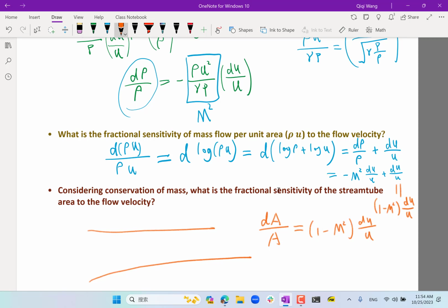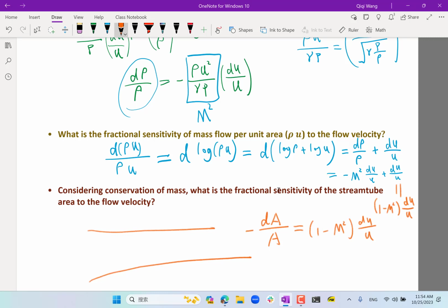It makes sense through the derivation, because as you further accelerate in a supersonic flow, the decrease, yes? Why is it 1 minus M squared, not M squared minus 1? Oh, yeah, it's minus. Yeah, thank you. M squared minus 1, right? It's M squared minus 1.